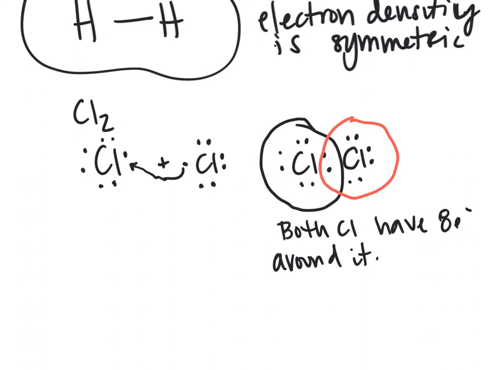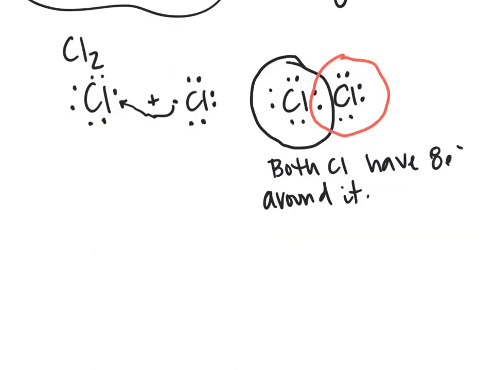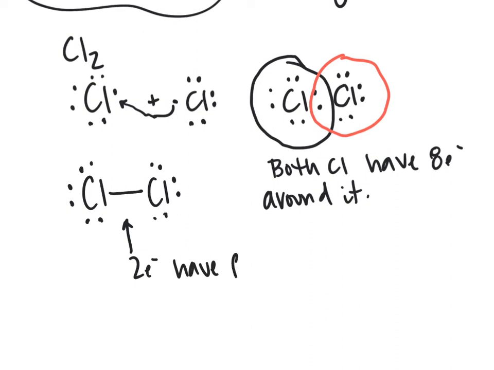This allows them to share the electrons between them, and it's going to give them an equivalent bond. So we could draw this also as Cl with 1, 2, 3, 4, where these 2 electrons have formed a bond. And so the other ones are lone pairs.